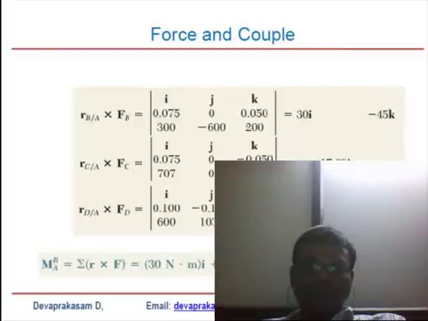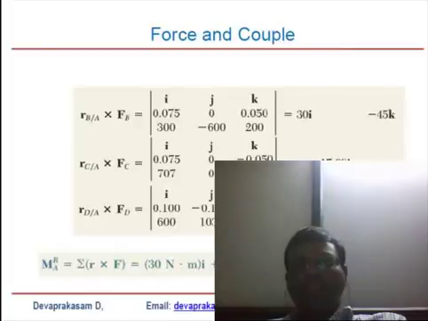A very simple method, because it's a vector quantity, so i, j, k are the unit vectors in the respective x, y, z directions. Similarly, the value of r and the value of force. If you do that cross product, finally r of the BA or AB vector with FB is equal to 30i minus 45k.